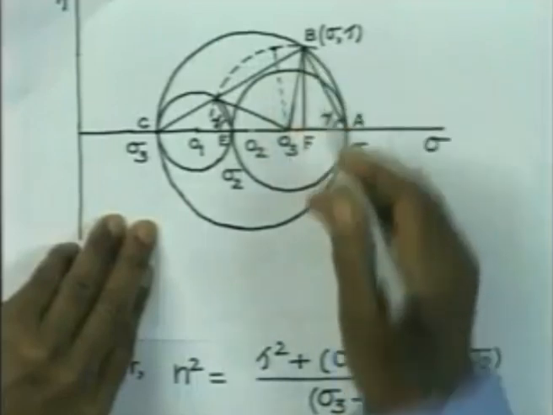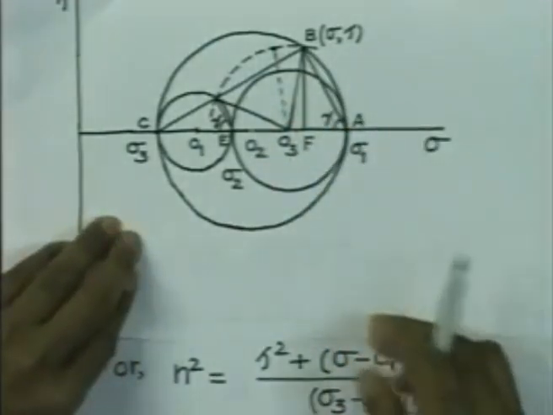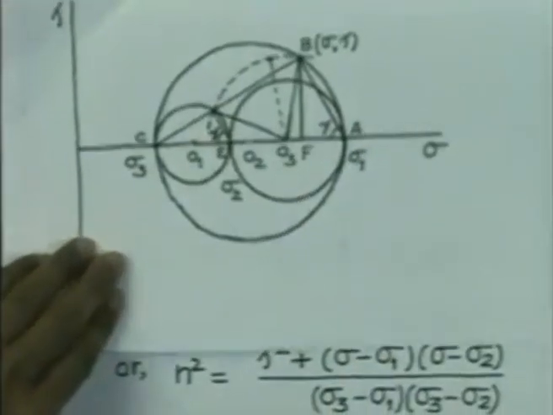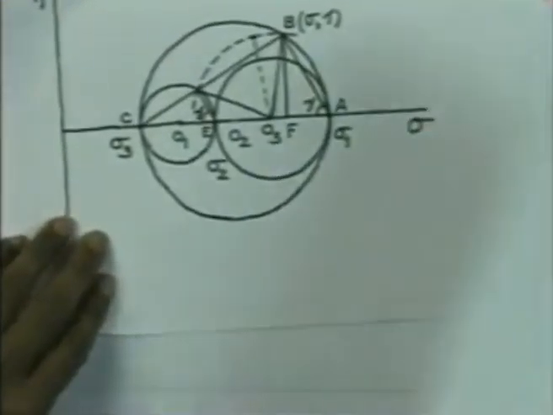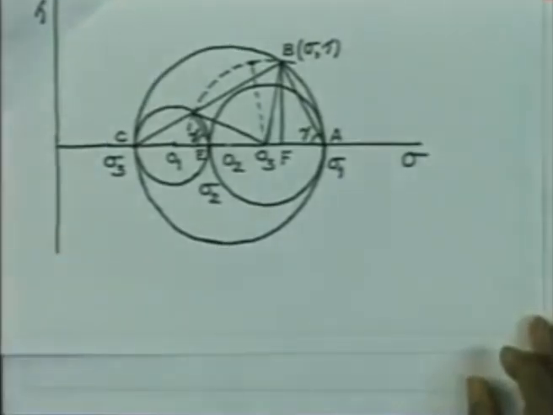So that is the circle which is giving all the combinations of sigma and tau which will satisfy this relationship. Now, we are not yet sure about the values of sigma and tau.